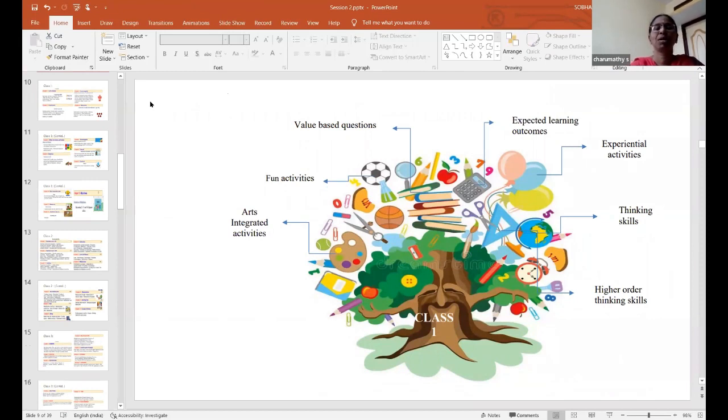And as Shobna ma'am said, all these art integrated activities, fun activities, experiential activities are not towards the end of the chapter. It is all imbibed wherever possible in between the topics itself.